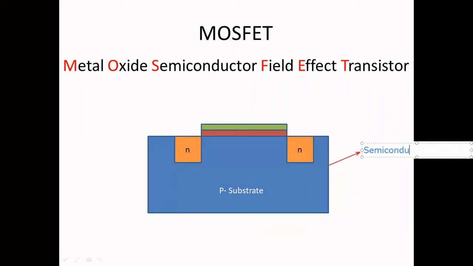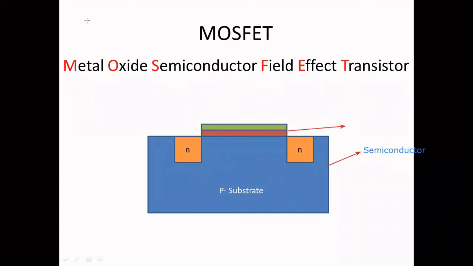Here I have one more layer, called the oxide layer, and one more layer, called the metal layer.